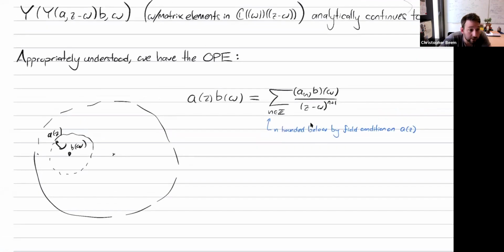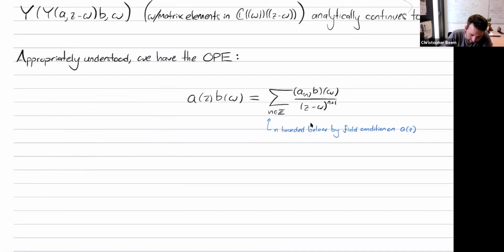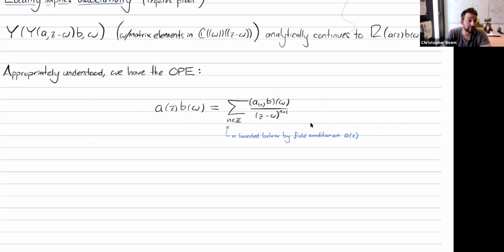And that follows, again, from the axioms, namely the locality axiom. And if you appropriately interpret this equation that I've written, you then have an equation that looks like an OPE. So appropriately interpreted, meaning that the left-hand side is an element in some funny space that you need to analytically continue, and the right-hand side is an element in this other funny space that you analytically continue, and they analytically continue to the same thing.